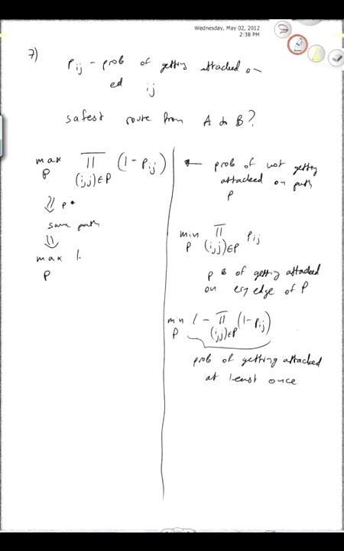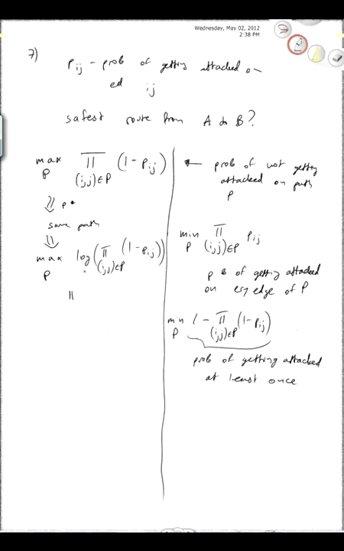So maximum over path, the log of the product over ij in the path of 1 minus pij. Here, all we did was take this monotonically increasing function and pass all of these quantities through it. And so it's going to maintain the same order. And so whatever path was best here is going to be the best one down here as well.